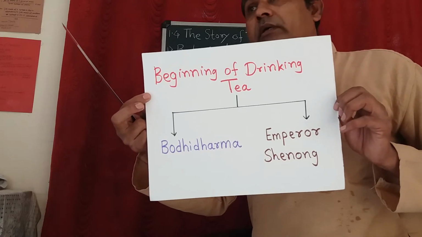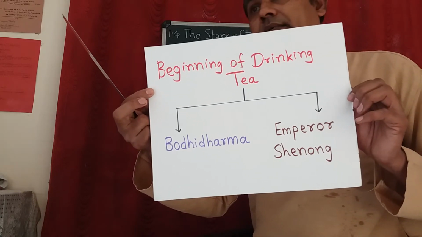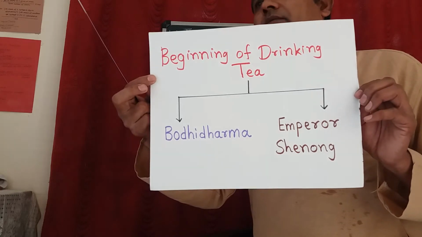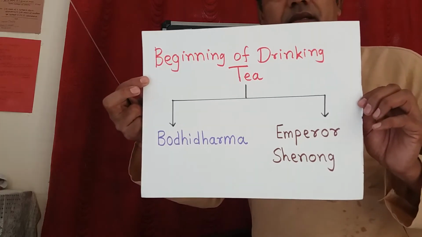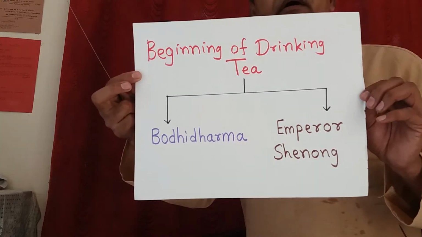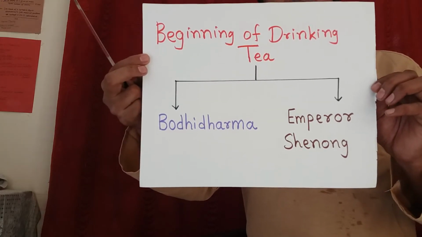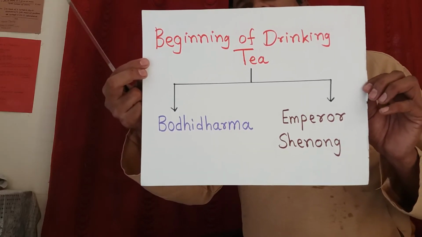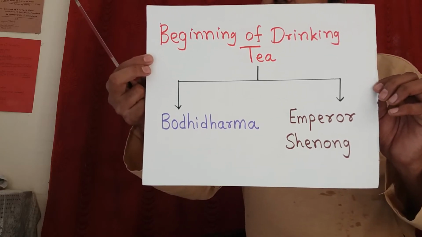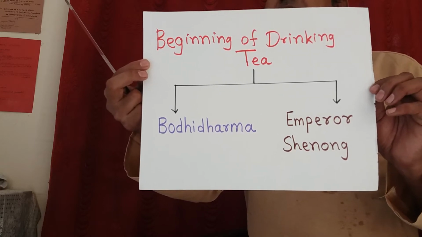Emperor Shennong was the father of medicine in China. On one of his travels, his servant was boiling water for him, and the leaves of some plant blew into that boiling water, and the water's color changed.